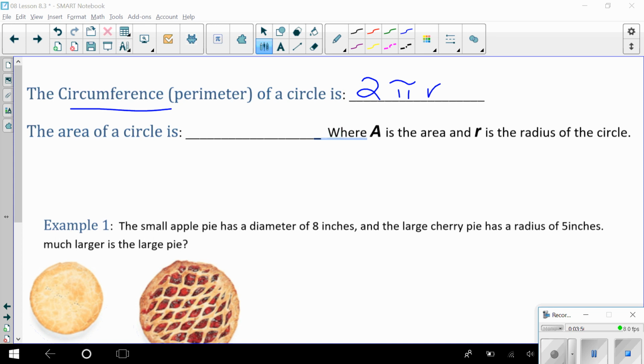So that measures the distance around the circle. Now, to measure the distance or the area inside the circle, we use the formula pi r squared. And pi, we can estimate pi at 3.14. So pi is a number, it is not a variable.